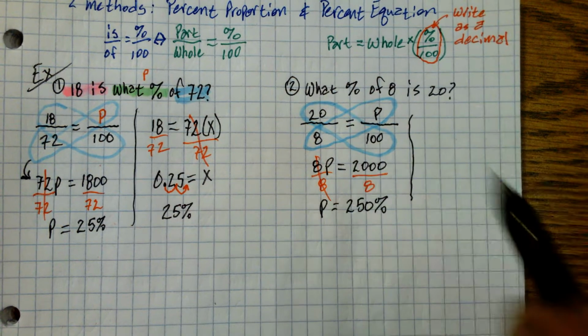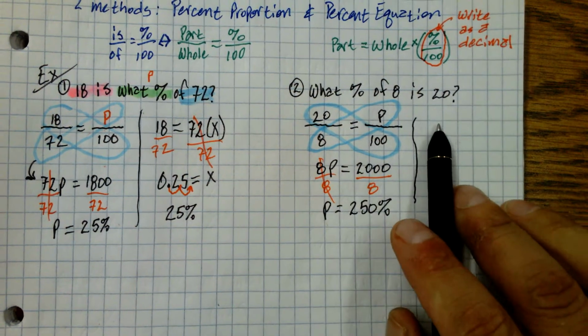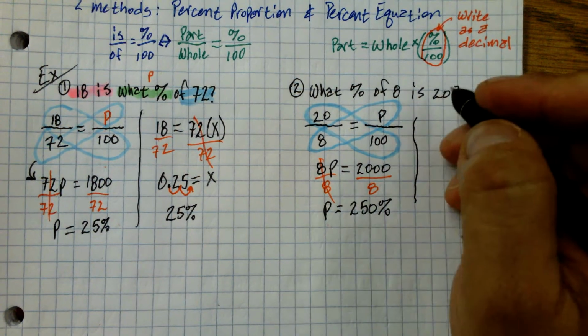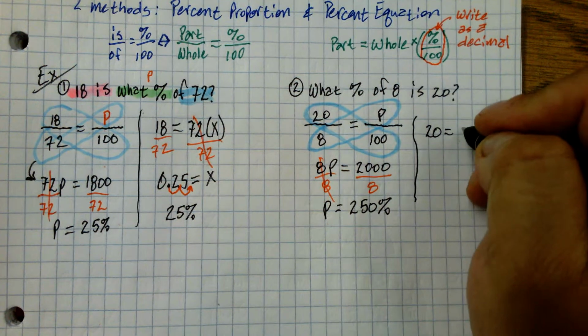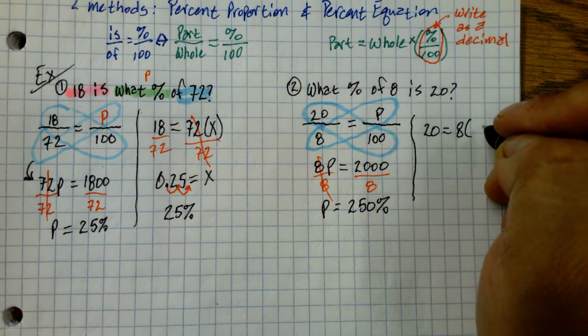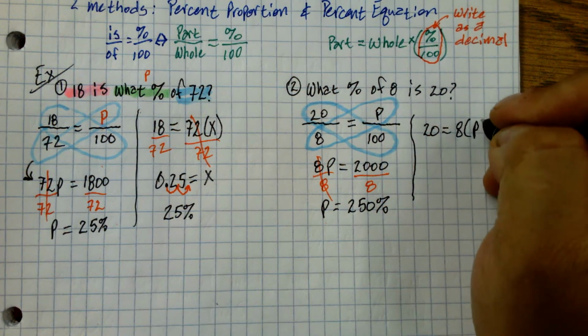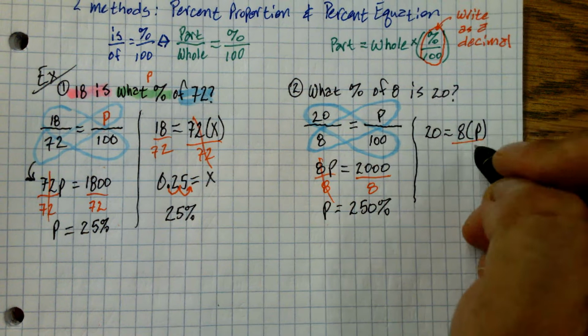So if we're doing the part, what's the part again? Which number is the part? 20 equals 8 times P. I use X instead of P there, but you do the same thing, divide by 8.